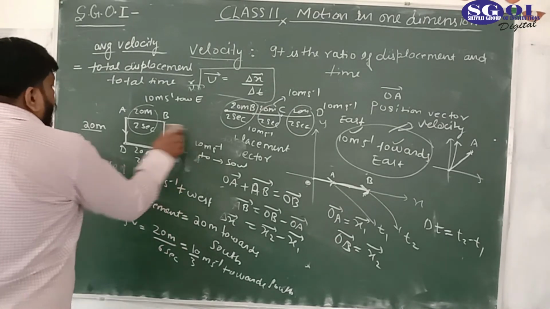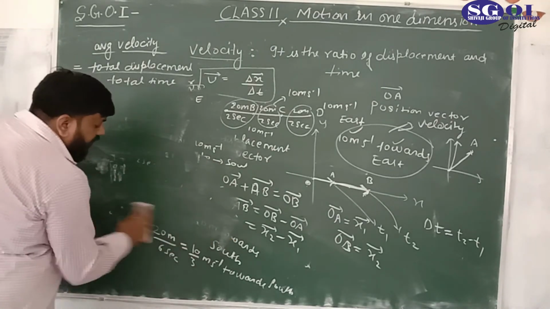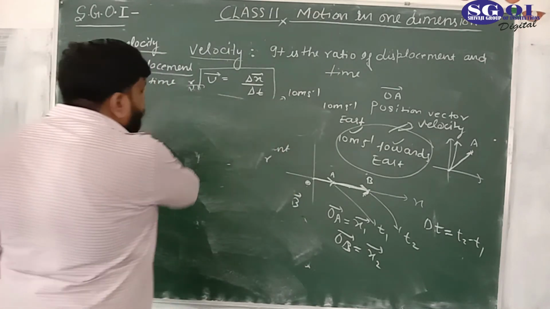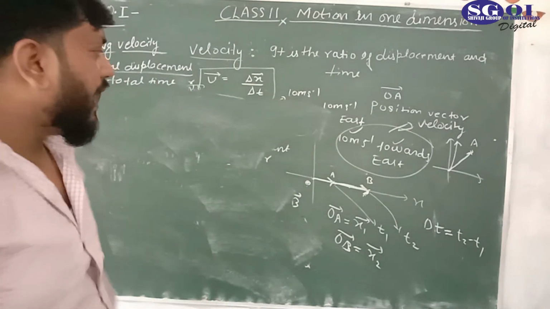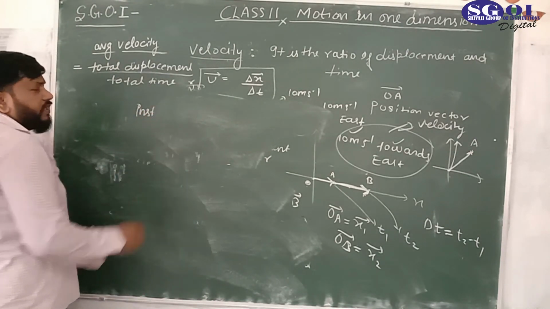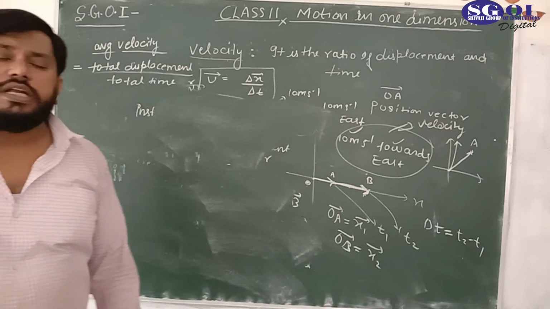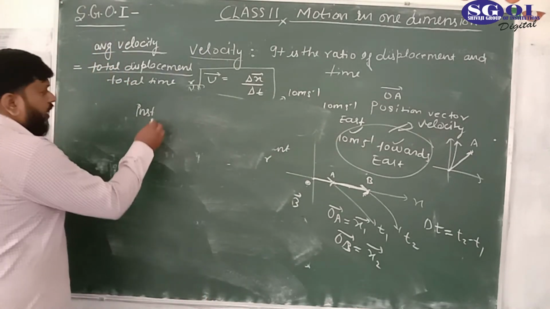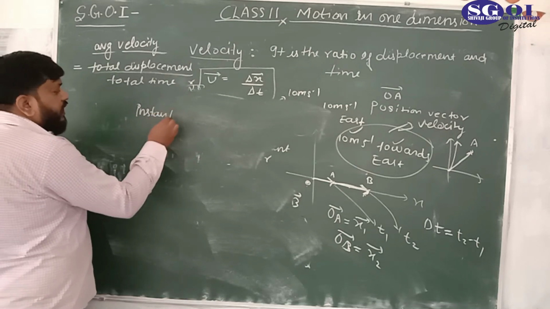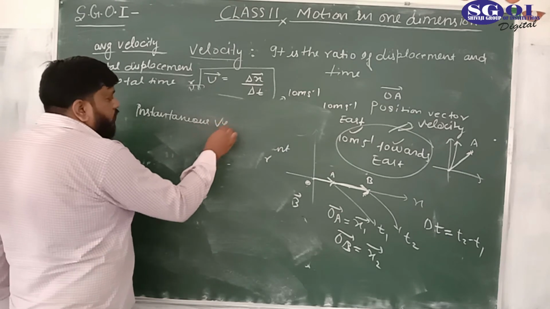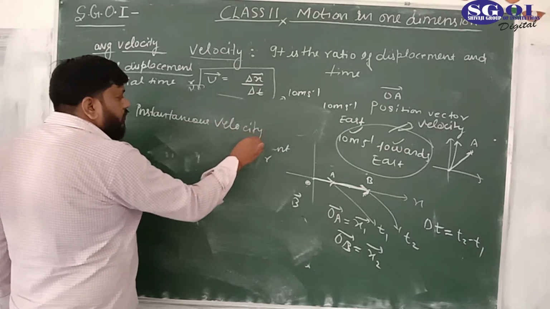Now we are going to define the instantaneous velocity, as we defined the instantaneous speed in the same way. As I told you in the average speed, in the same way instantaneous speed comes in the picture when the velocity of the object is continuously changing, instantly changing at every instant of time. So what is the instantaneous velocity?